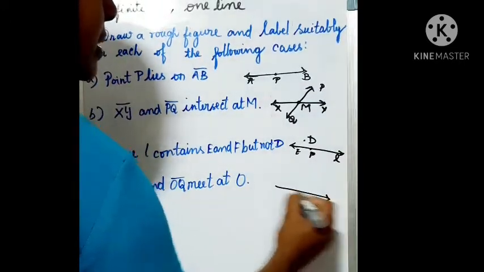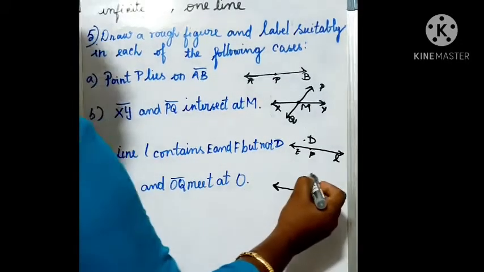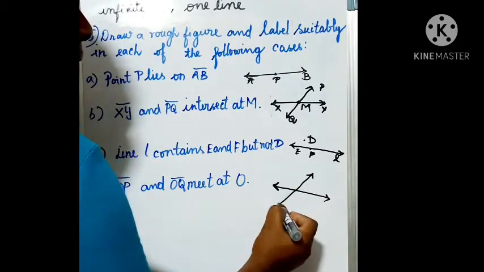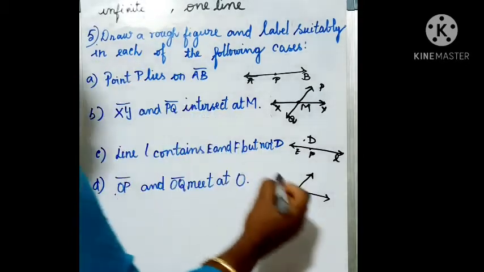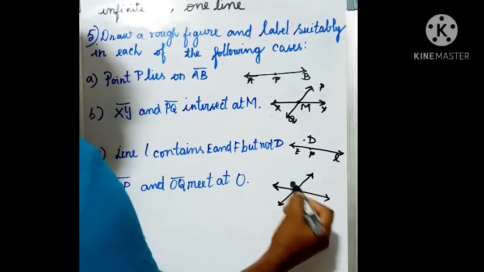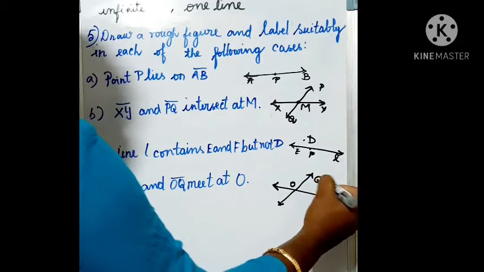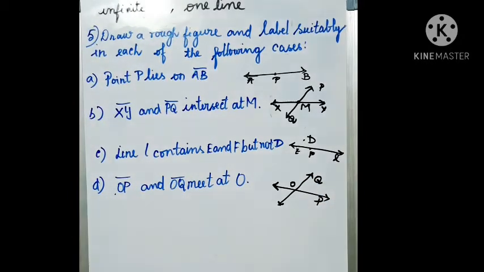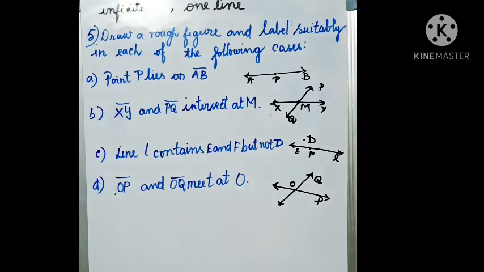You draw a line segment and a common meeting point, two line segments, and that meeting point should be O. You can name this P and this Q, or Q and P, any way you can use it. So this is the meeting point. Is it clear? I hope you can draw this clearly.